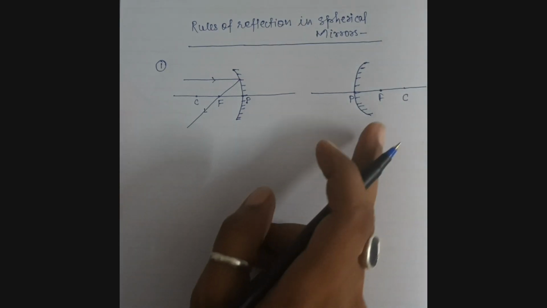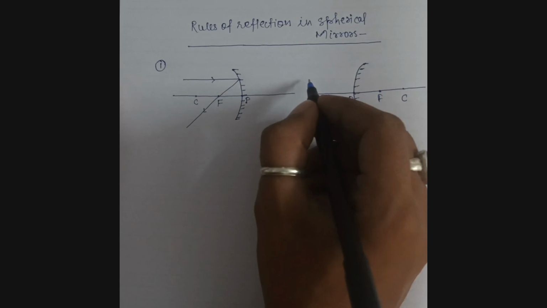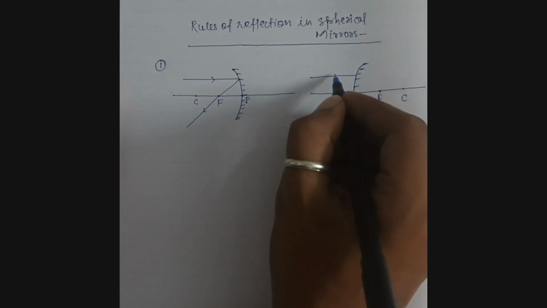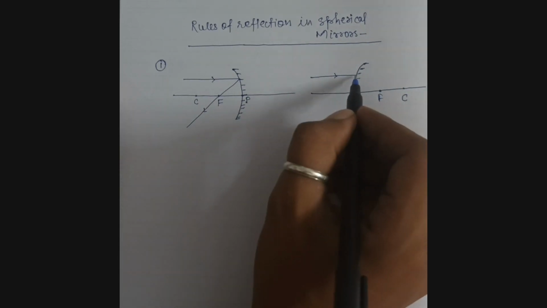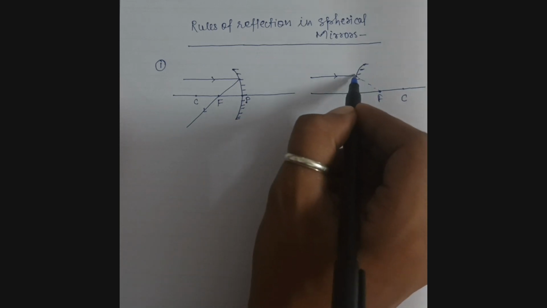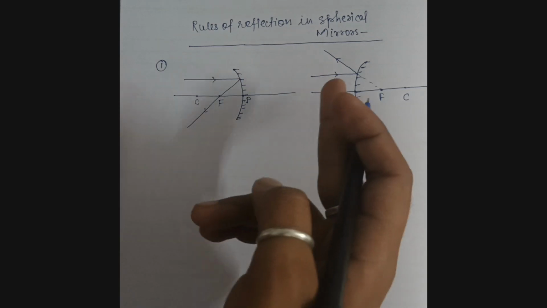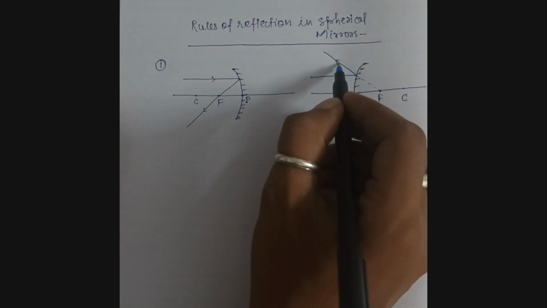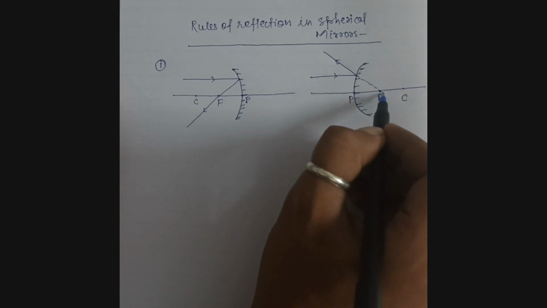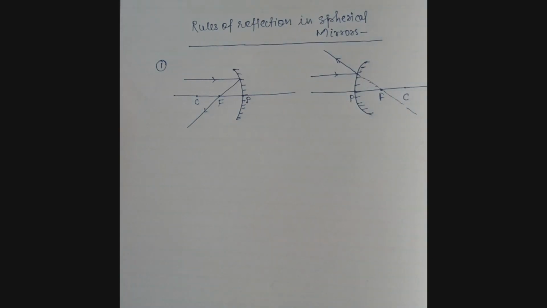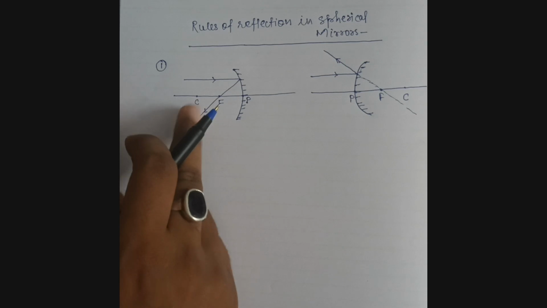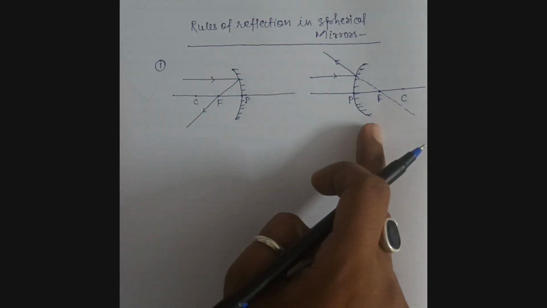In the case of the convex mirror as well, when the light ray is incident parallel to the principal axis, it will be diverged. Now, when we retrace the diverged reflected ray backwards, we see that the light ray passes through the focus. This was the first rule in the case of the concave mirror and the convex mirror as well.